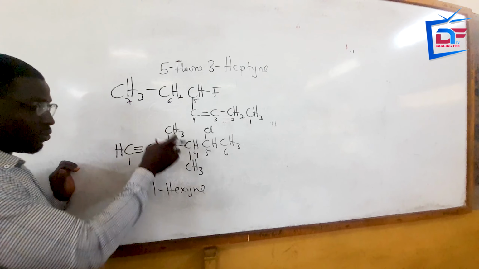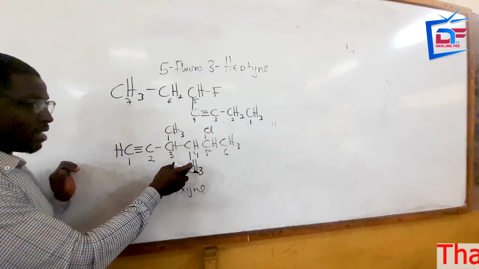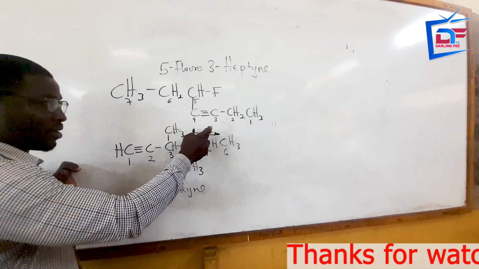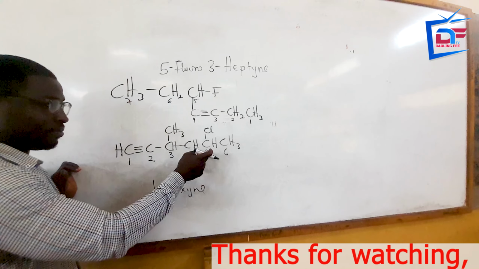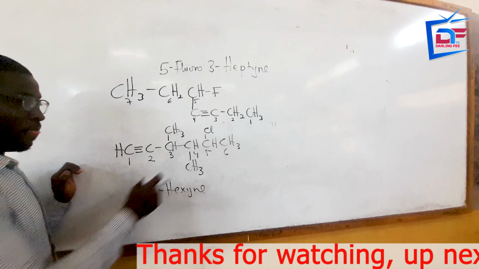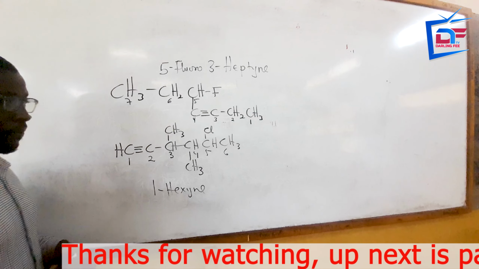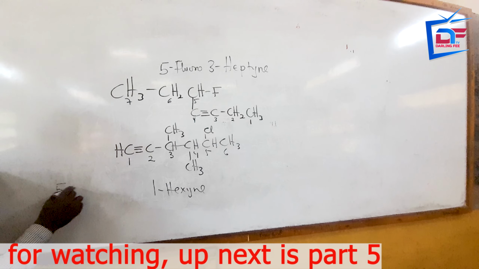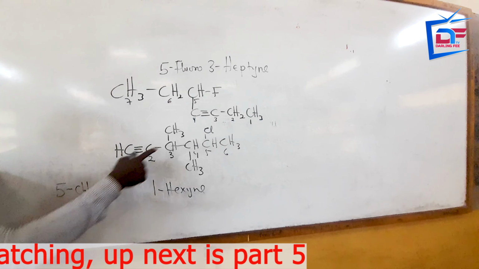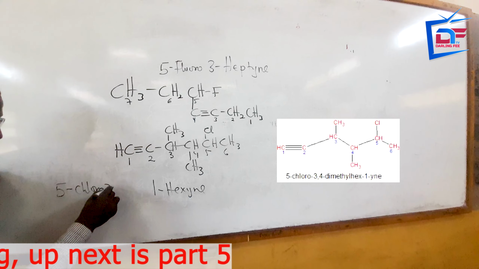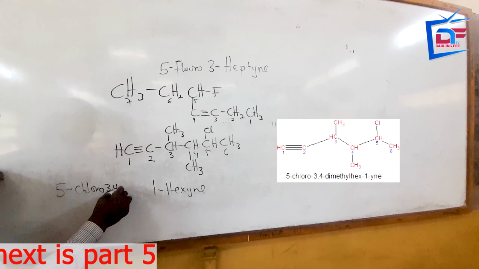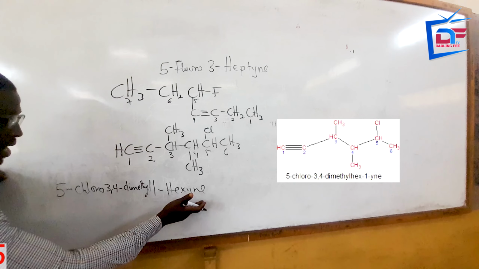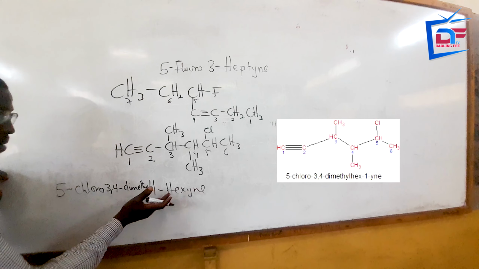We have 2 alkyl substituents, that is the methyl, at positions 3 and 4, and we also have another substituent, that is chlorine, at position number 5. But according to the rule, we are to do this in alphabetical order, so it becomes 5-chloro-3,4-dimethylhex-1-yne or 1-hexyne.